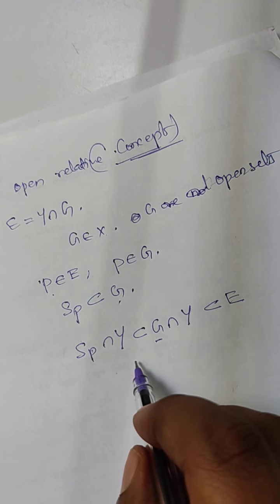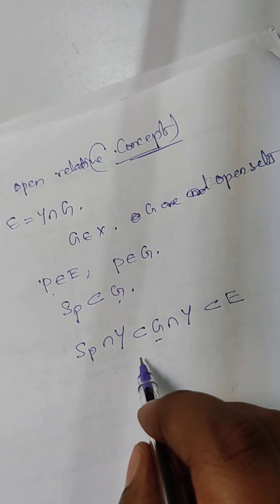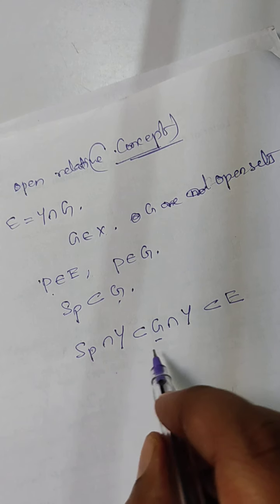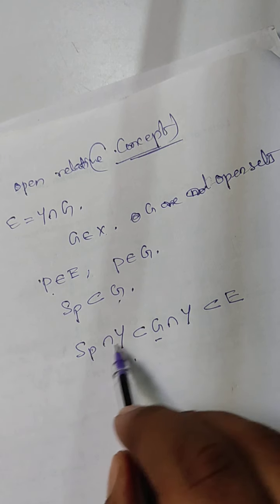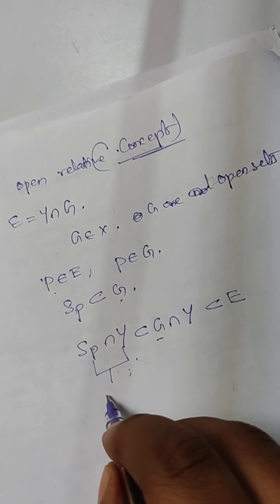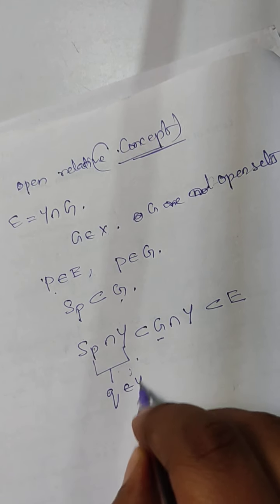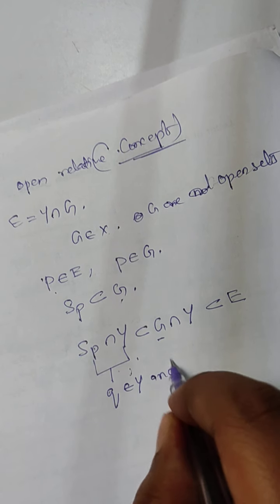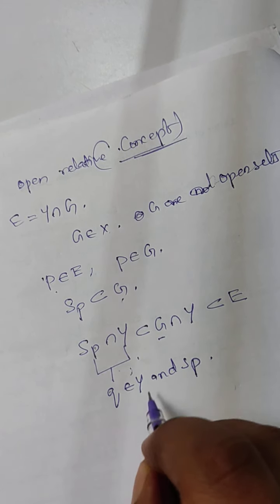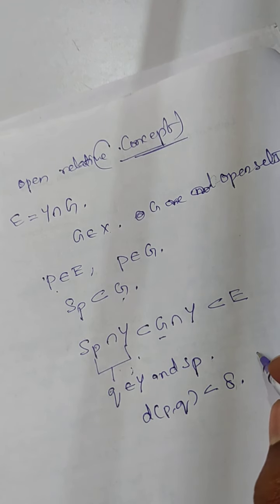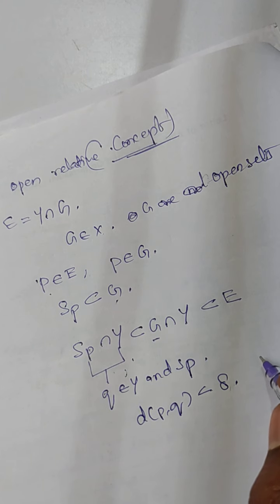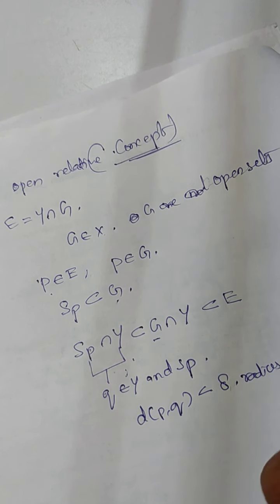Since distance from, from there we get N_P intersection Y. From there we can conclude that there is a point Q belongs to Y and N_P, such that the distance from P to Q is less than δ, that is the radius of N_P.